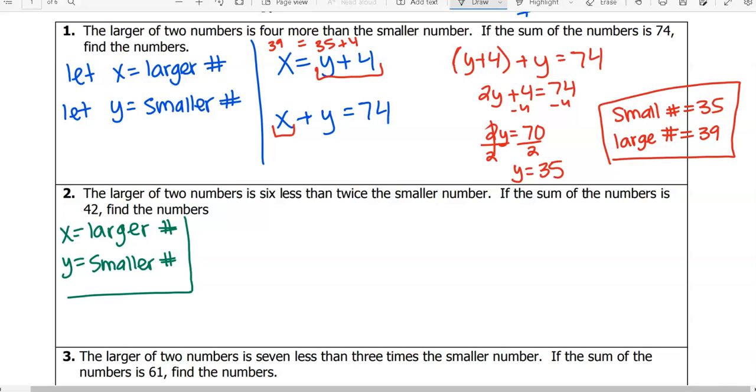The larger of the two numbers is, so right there, I know x is going to equal something. Does that make sense? So the larger is, so x is 6 less than twice the smaller number.